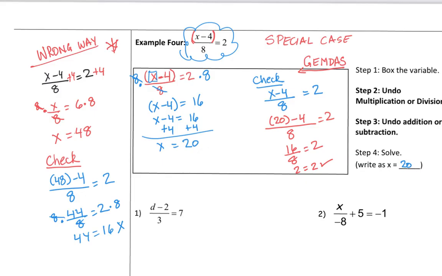I've gone wrong somewhere, and I know exactly where I went wrong. I needed to create grouping symbols to group the parentheses, to group the numerator together, because this fraction bar extends over the entire numerator. Okay, so we have to be really careful about these special case situations.